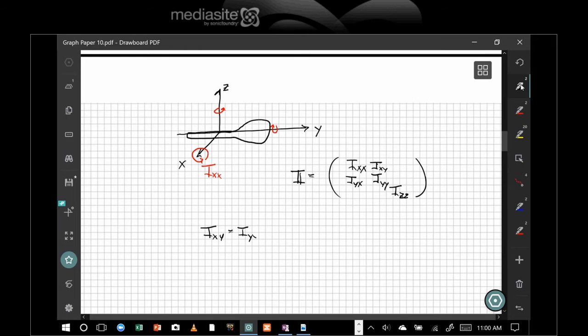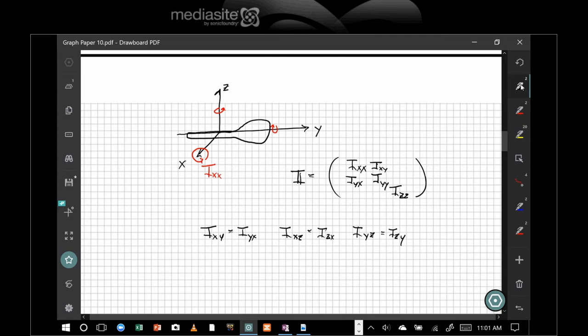So all the off-diagonal elements are going to be equal to their transposes. So Ixy is equal to Iyx, Ixz is going to be equal to Izx, and Iyz is going to be equal to Izy. Just from symmetry, you can see that. So that fills out the matrix.